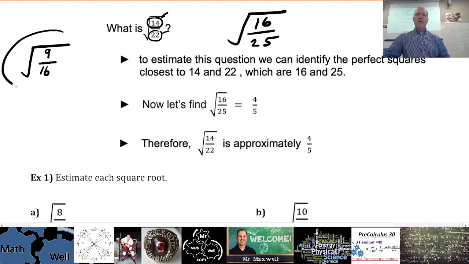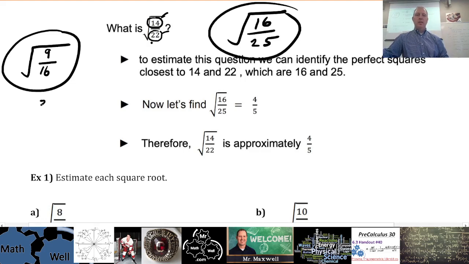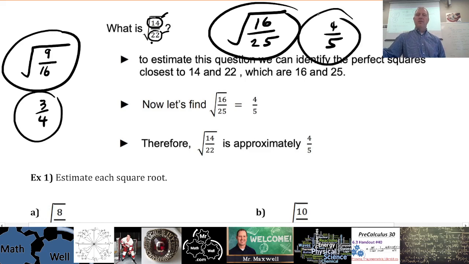So somewhere in between here and here is going to be the value of this, or somewhere between 3/4 and 4/5. Now it might be hard for you to find a number in between there, okay? You're going to have to do a little bit extra work to use those benchmarks. You're going to want to get them with the same denominator so you could really compare.